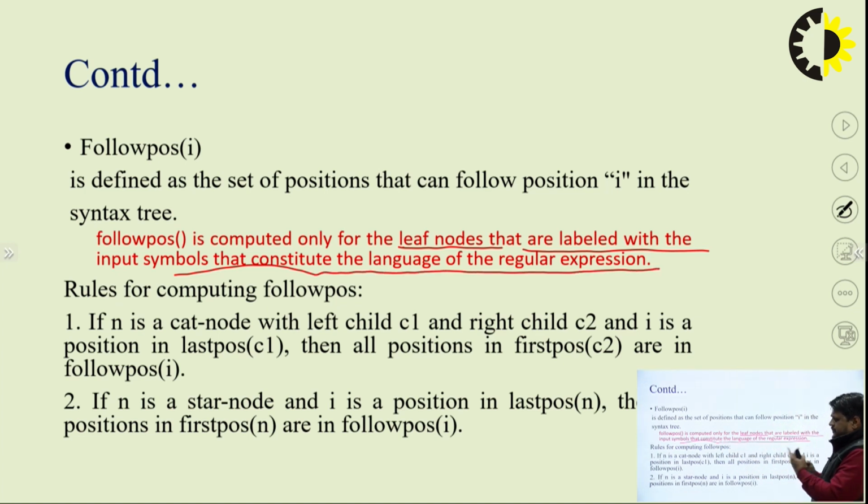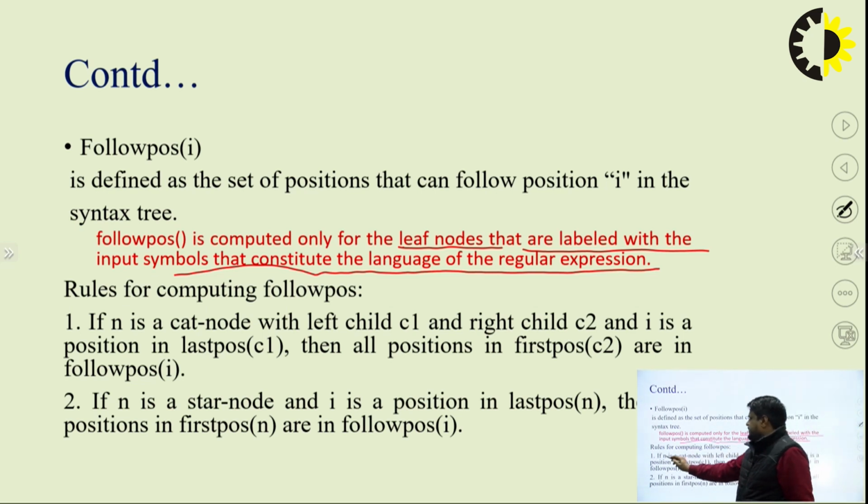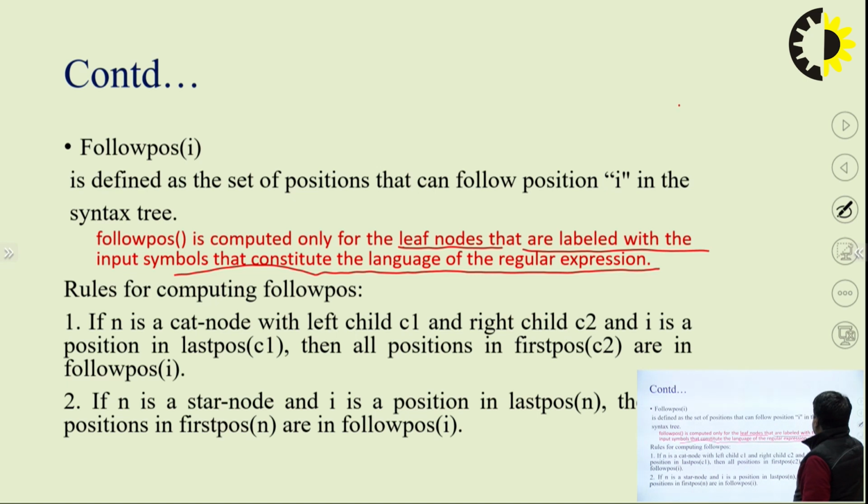So how can we compute the follow positions? We can compute the follow positions by using two operators. The first one is concatenation and the second one is the Kleene star. Only these two operations need to be considered to compute the follow positions value.